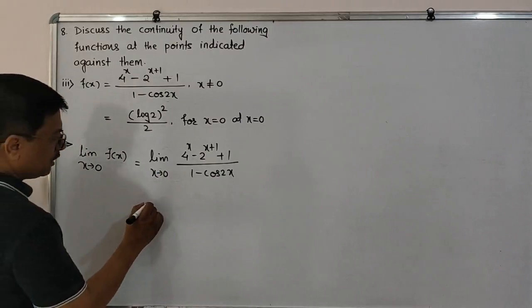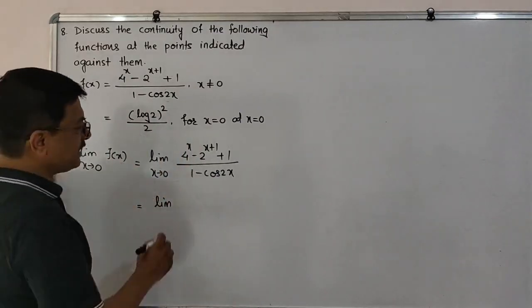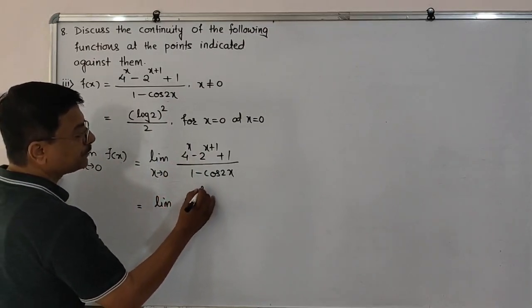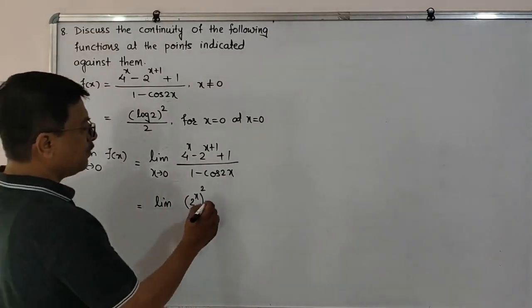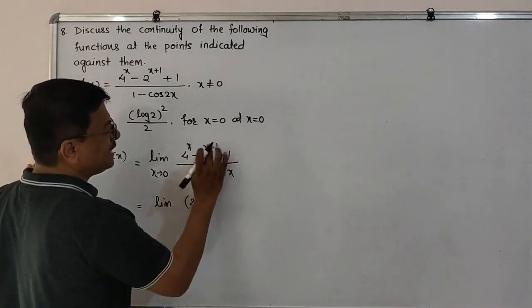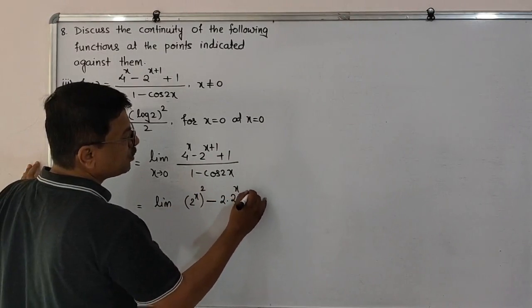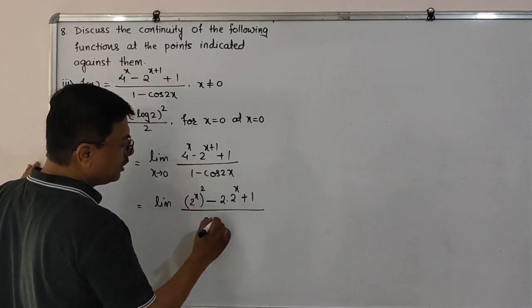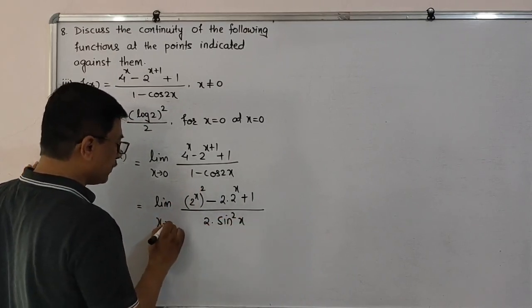That is equal to limit of, now 4 raised to x can be written as 2 raised to x whole square, because 2 raised to x into 2 raised to x can be written as 4 raised to x, minus, using the laws of indices, it is nothing but 2 into 2 raised to x plus 1, divided by 1 minus cos 2x, which has a formula 2 into sine square x, as x tends to 0.